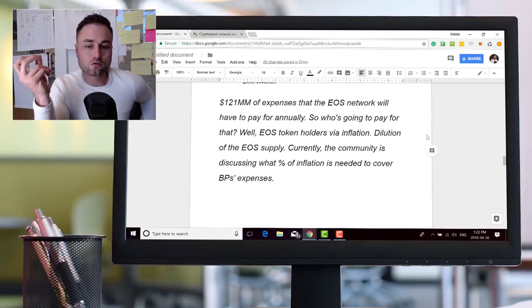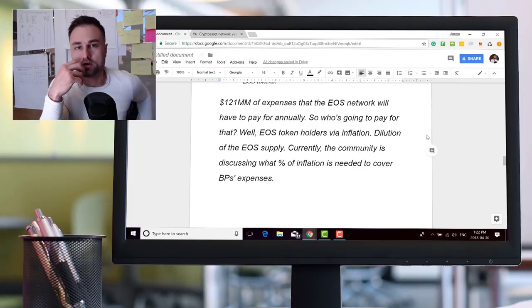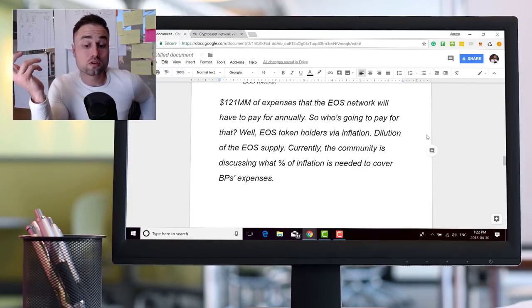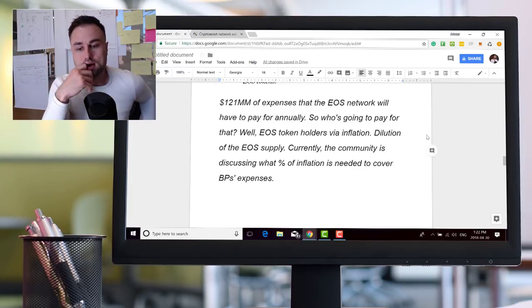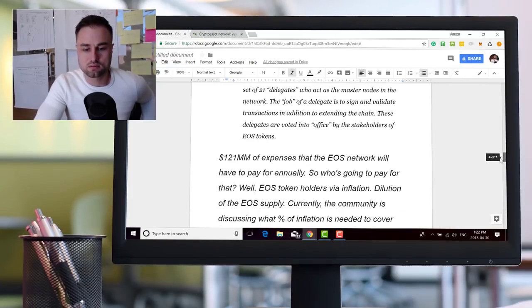So that's $121 million of expenses that the EOS network will have to pay annually for these 21 nodes. The question is, who's going to pay for that, right? It's an interesting question. There's going to be inflation going on, and dilution of the EOS supply. So it's going to be fascinating to see how they are able to afford the $121 million a year to host these 21 nodes, or master nodes.